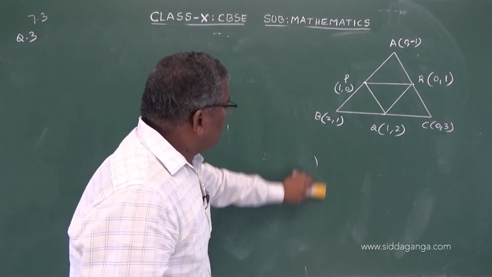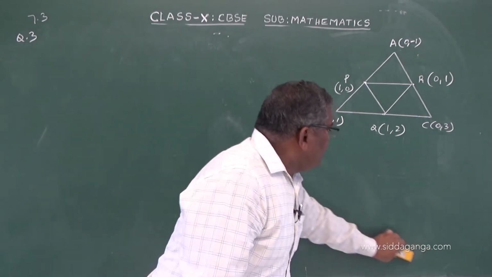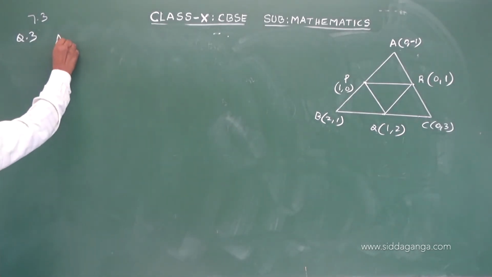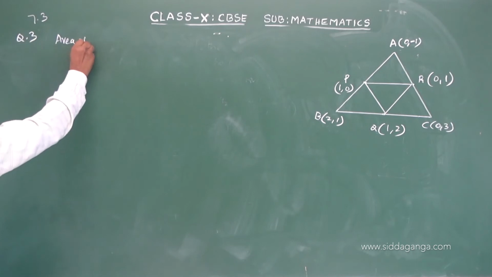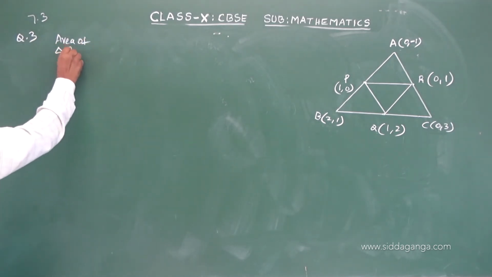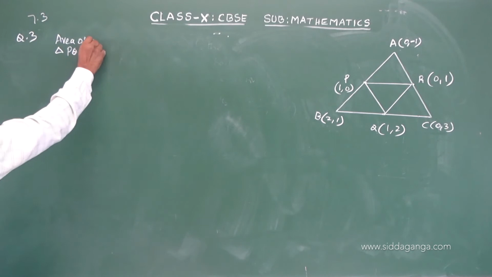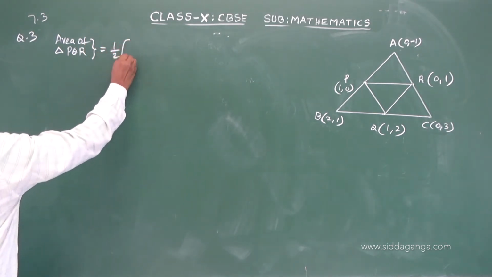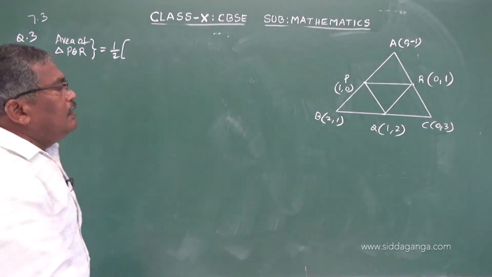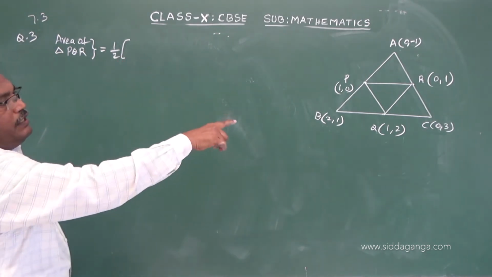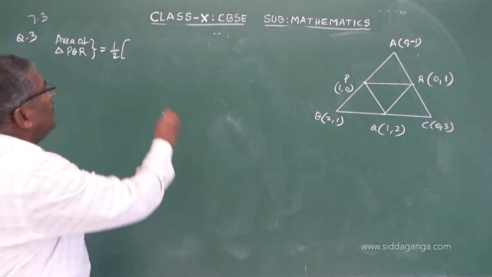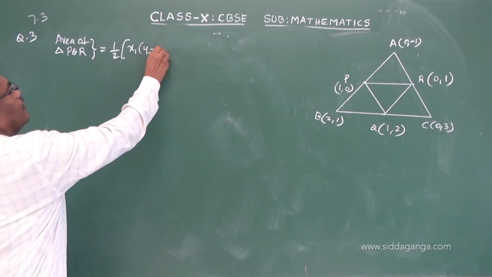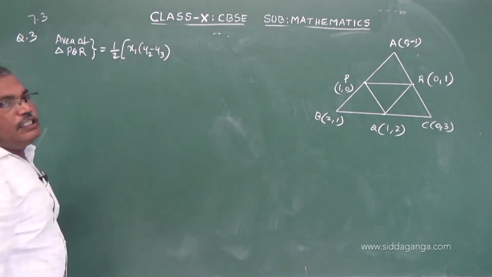So, we have the coordinates here. Now area of triangle PQR equals half of, first write down the formula. Area of a triangle when three coordinates are known is x1 into y2 minus y3. This is easy to remember.